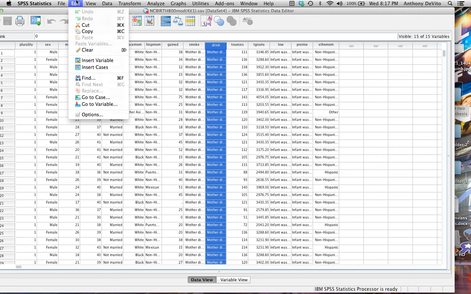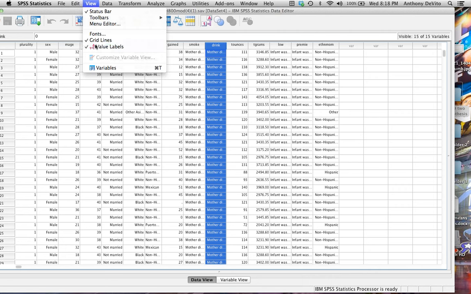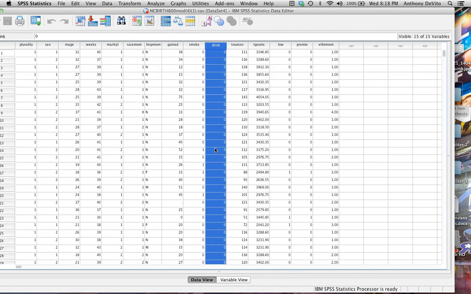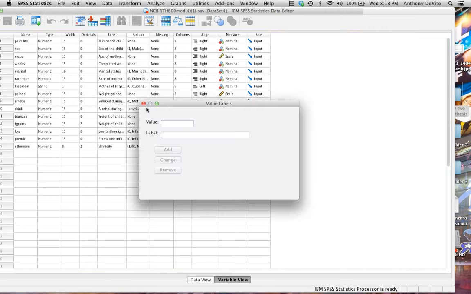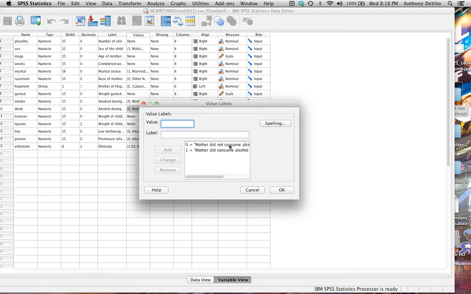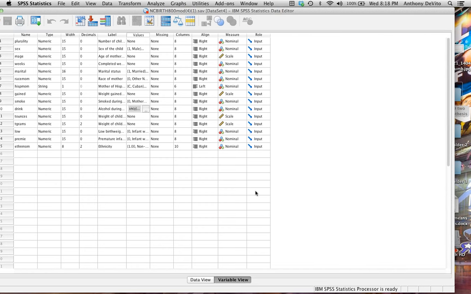Let me just go in here and see. In the view menu, I'm going to say value labels and turn those off. I can see that drink or not drink is a 1 or a 0, right? I could actually go to the variable view and look that up. Well, 0, she did not consume alcohol. 1, she did consume alcohol.